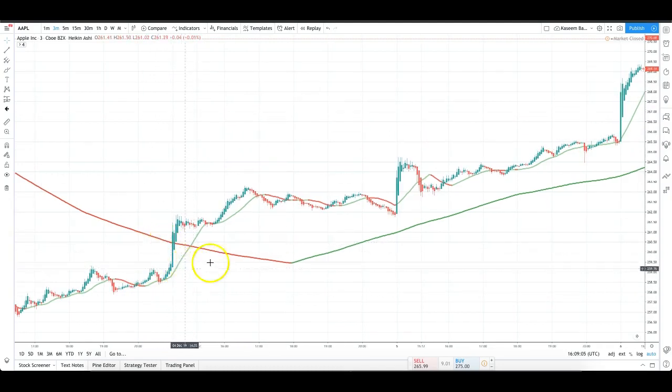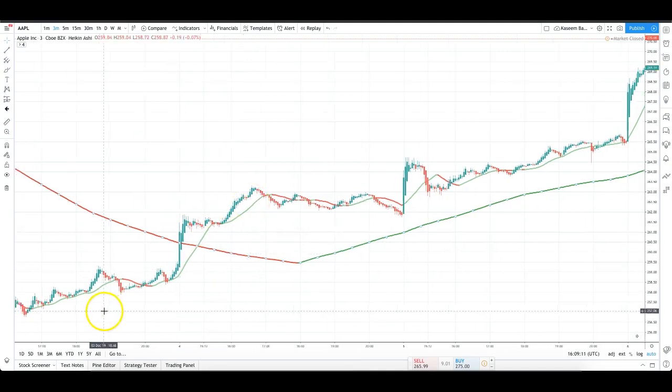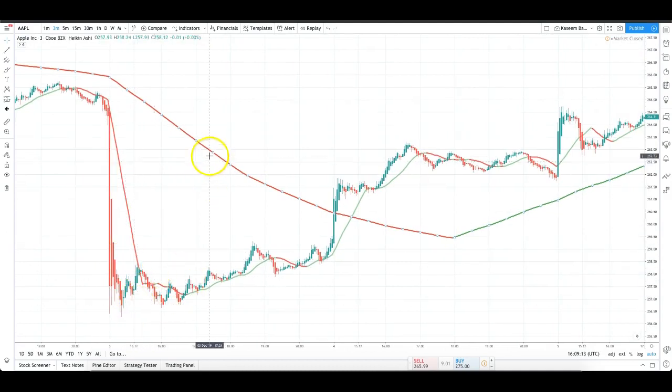So, entries. First of all, when prices are above the 200 period, you usually want to go long, and when prices are below the 200 period, you usually want to go short. Now you see situations like this. If you go short, you end up losing money because price turned and started going back up.